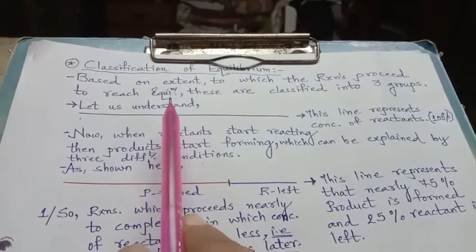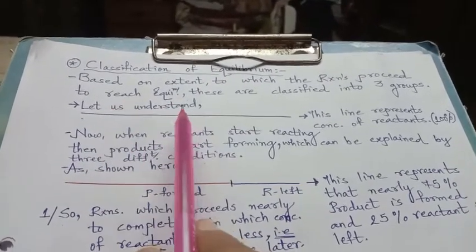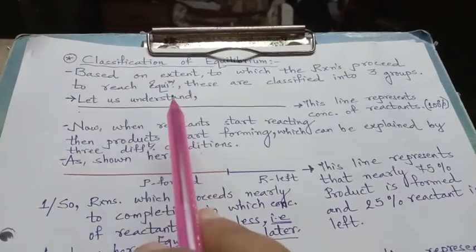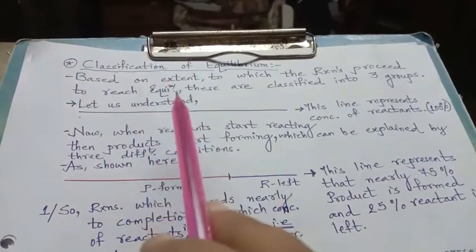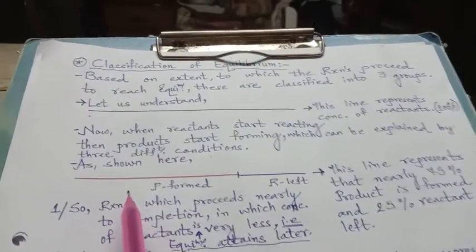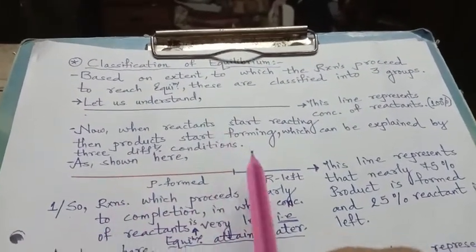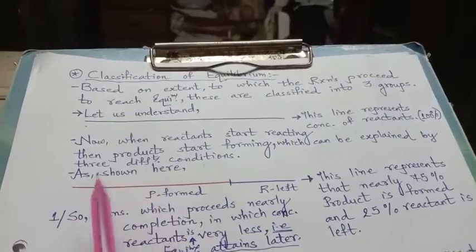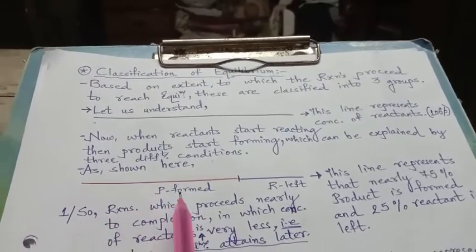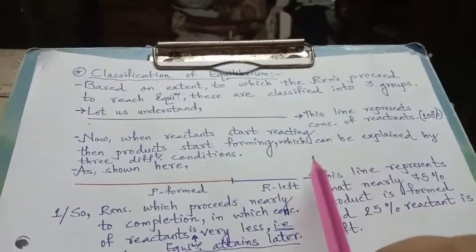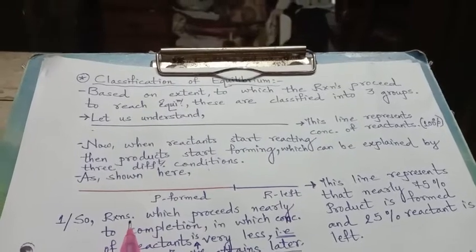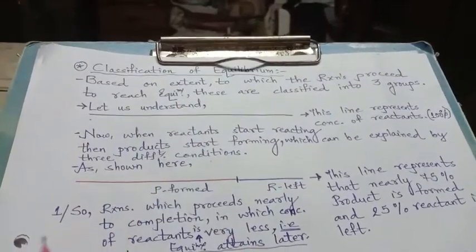Now, to reach equilibrium means that the maximum amount of the reactant has reacted and the maximum amount of the product is yielded. When the reactant completely reacts and produces a complete product, at that time we can say that the reaction has attained equilibrium.